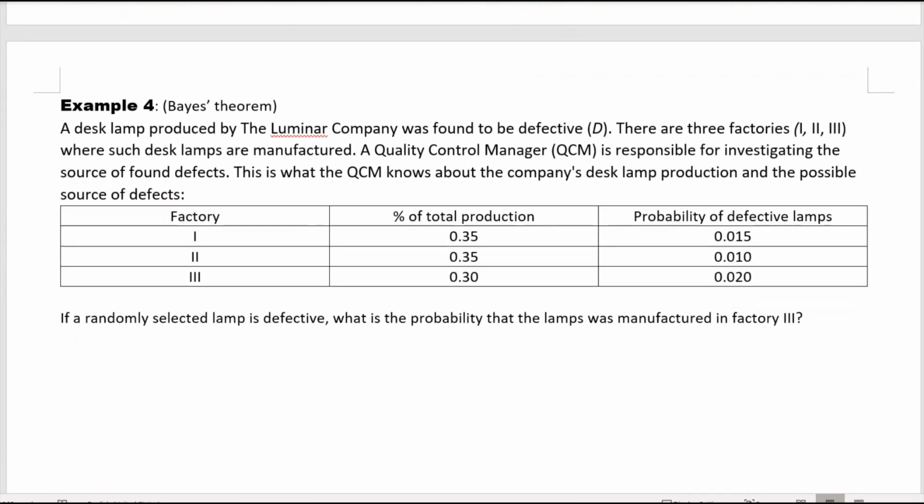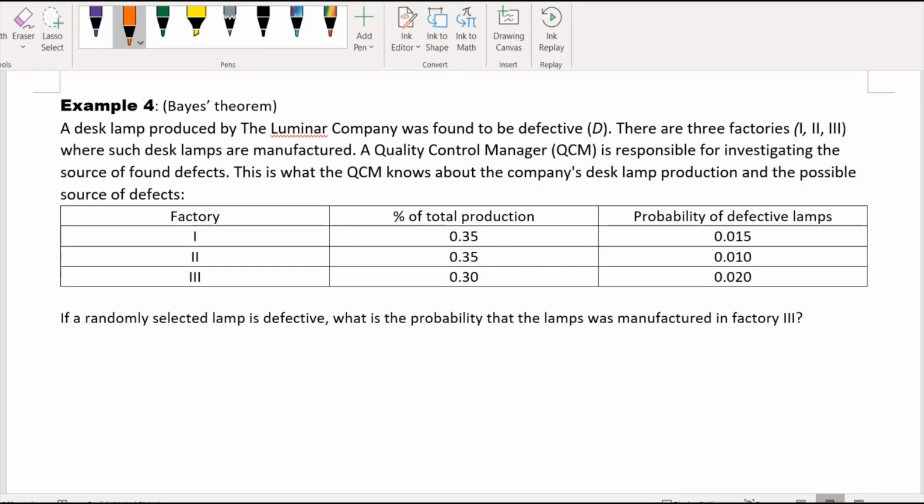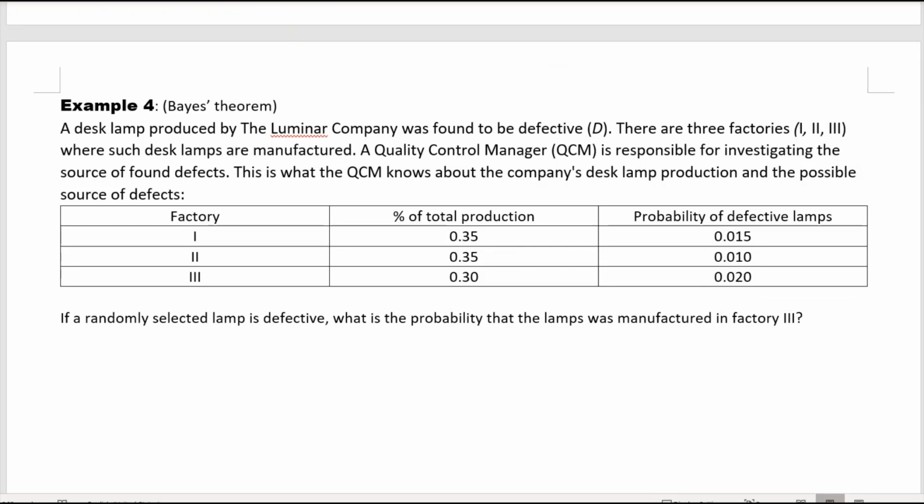So example 4 is about Bayes' theorem. A desk lamp produced by the Luminar company was found to be defective. There are 3 factories, 1, 2, 3, where such desk lamps were manufactured.